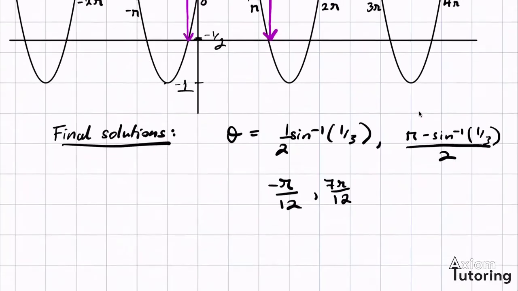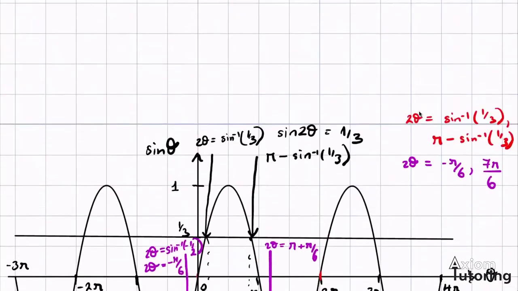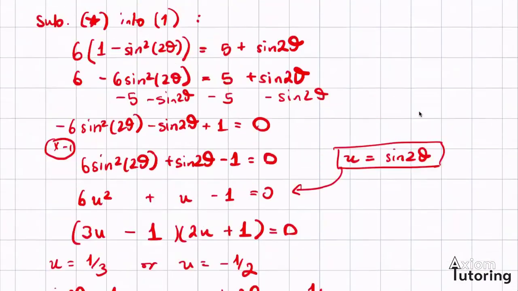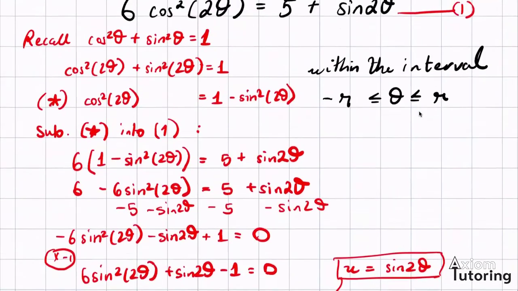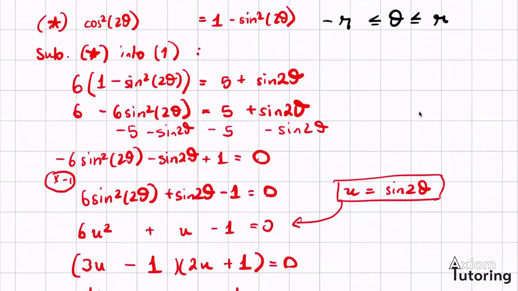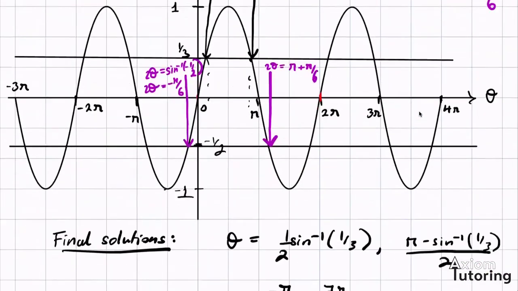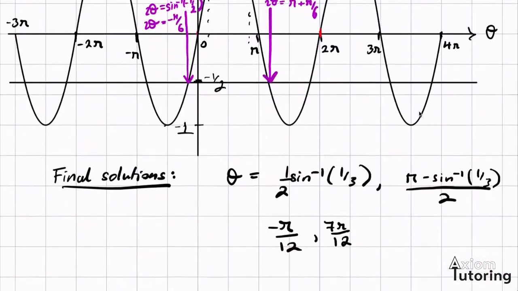And what you have to do now is just double check that they are within the given interval. So our interval for this question is minus pi to pi. So we only want solutions within that interval. And if you double check these on your calculator, hopefully you can see that these are all within our range of accepted values.